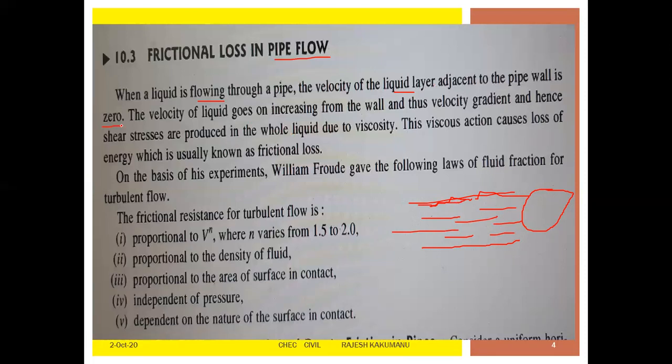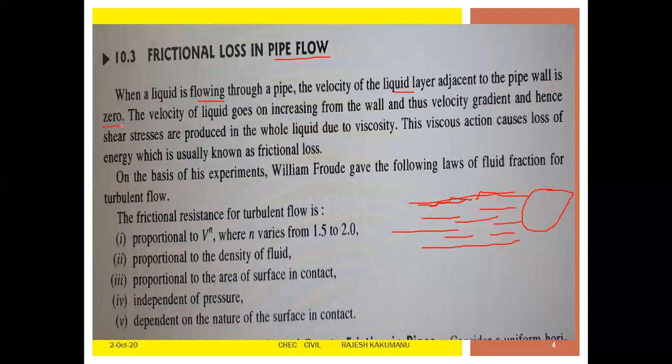Then the velocity of the liquid goes on increasing from the wall, and thus velocity gradient and hence shear stress are produced in the whole liquid due to viscosity. So when the liquid layer is adjacent to the wall, the velocity is zero, and the velocity goes on increasing from the wall towards the center, and thus the velocity gradient and shear stress are developed in the whole liquid due to viscosity.